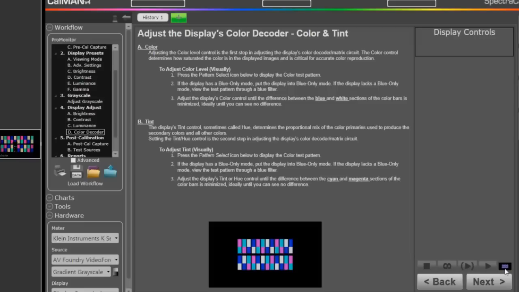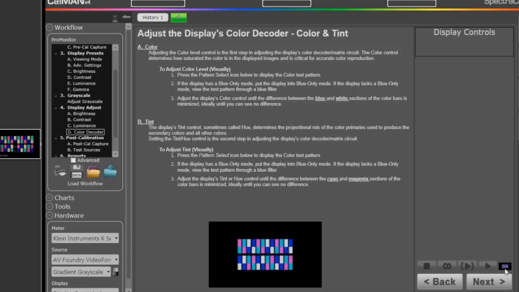On some displays, they have a blue-only mode that allows you to see only the blue content out of the signal circuits, and we would be able to see whether those two levels are the same intensity. If they are not, we would then simply adjust the color control in the picture menu in order to equalize those intensities, or as viewing through a blue filter.